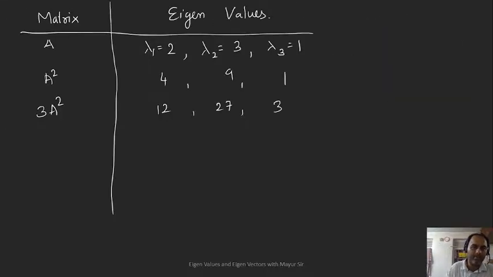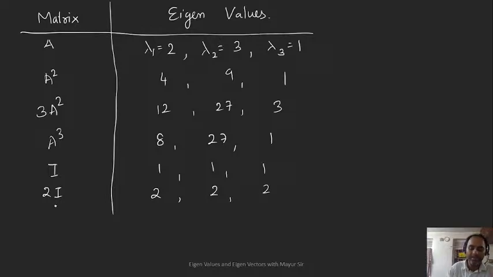Then next for A cube you will have 2 cube, which is 8, then here you have 27, and here you have 1. Then for I, eigenvalues are 1 1 1, then for 2I you will have 2 2 and 2.